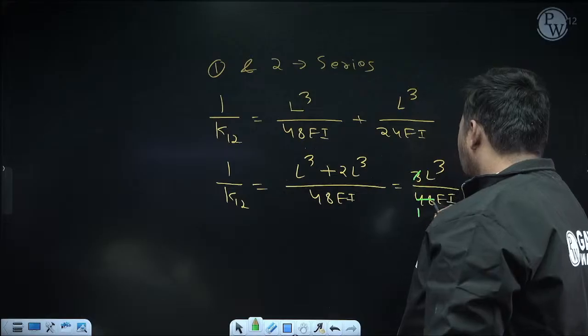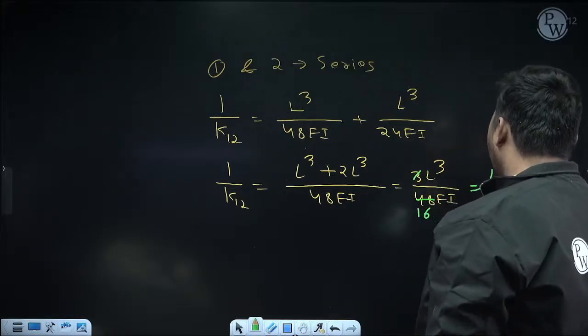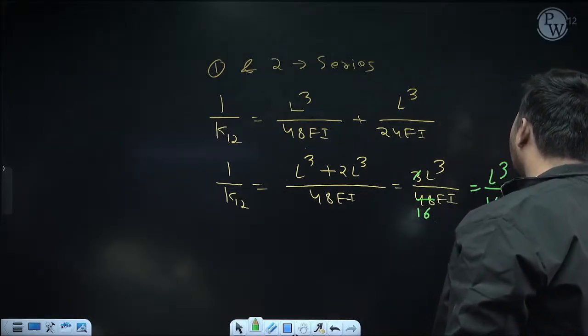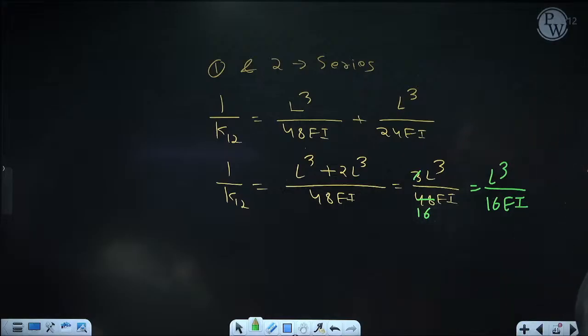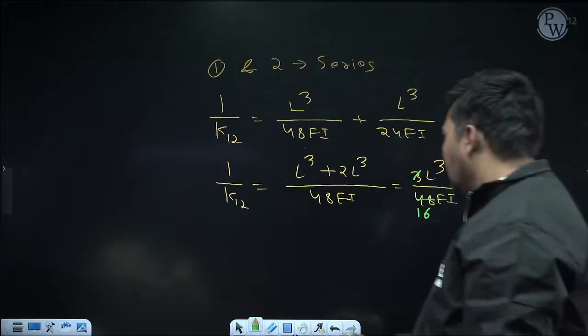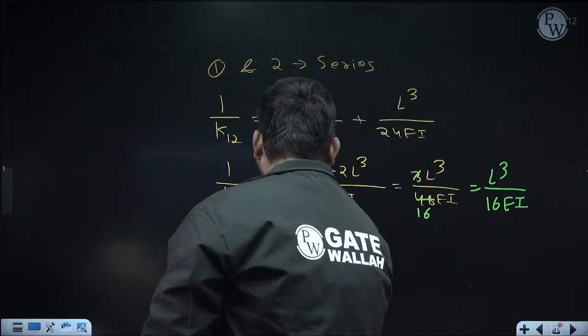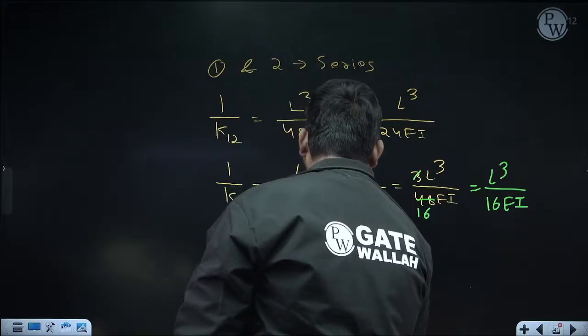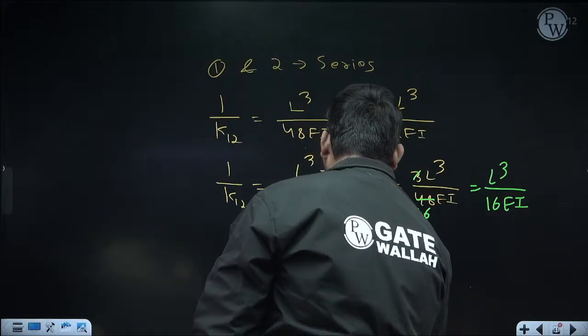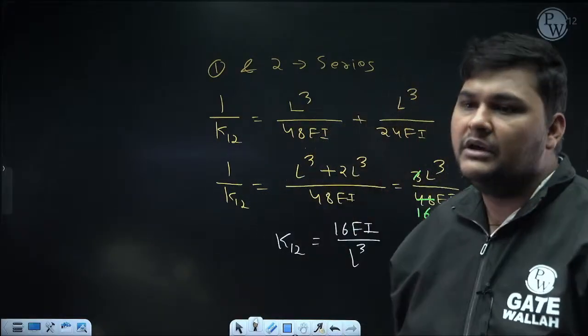So it is coming L cube by 16 EI. You can check the calculation. Calculation is your part. So K12 will be 16 EI upon L cube. Okay. So this is K12.